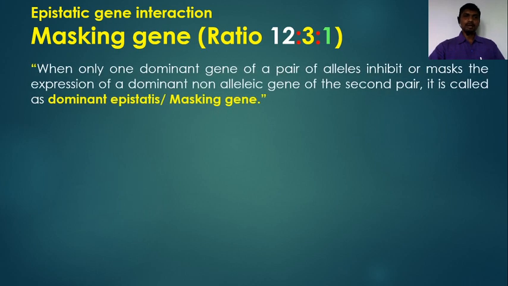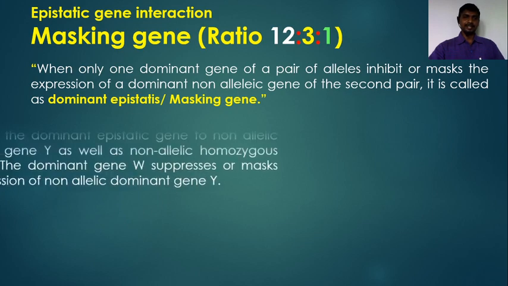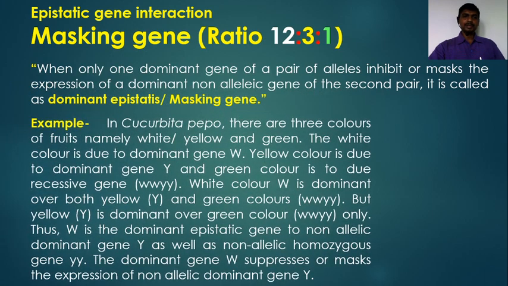When only one dominant gene of a pair of alleles inhibits or masks the expression of a dominant non-allelic gene of the second pair, it is called dominant epistasis or masking gene. For example, in Cucurbita pepo, there are three colors of the fruits, namely white, yellow and green.